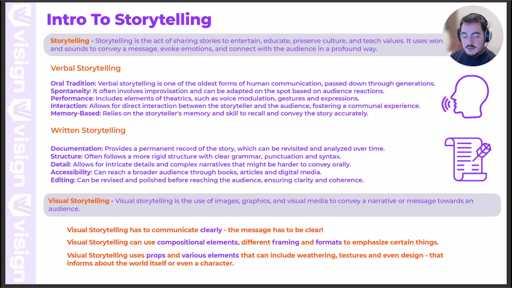These are forms of storytelling used in official documents, and sometimes legislative documentation. You have detail, allowing for intricate details and complex narratives that might be harder to convey orally. That is usually what happens with storytelling in written form. You can access a lot of details there and add them to convey the proper message. Accessibility, that can reach a broader audience through books, articles, and digital media. And of course, we know about this accessibility all around us.